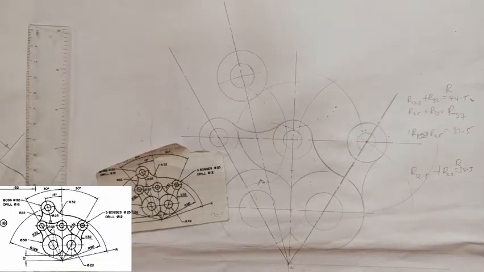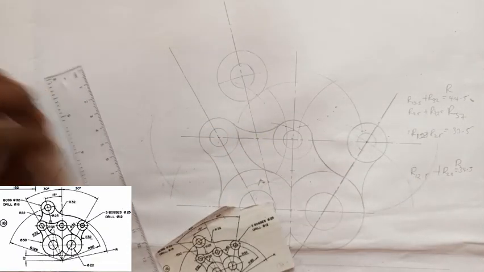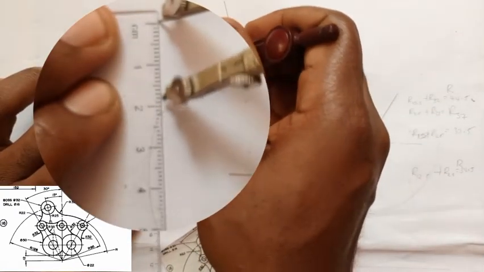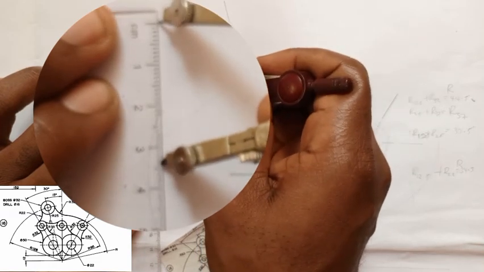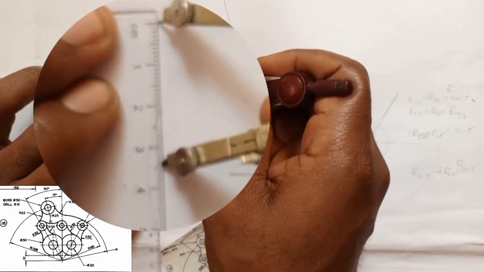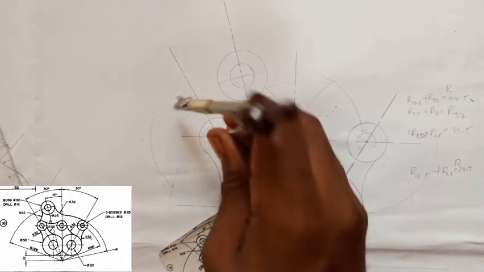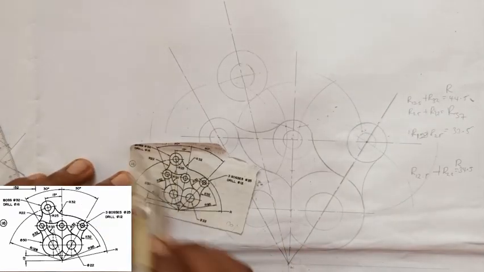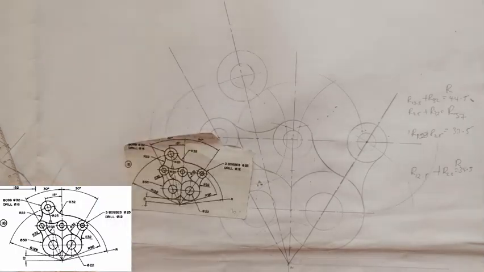So I'm going to use my compass. I'm going to measure 34.5 on my meter rule, 30, 34.5 here, somewhere around here. Then I'll place it on this point here and strike an arc this way. You can see that. Now the other one here we have 32, the diameter of 32. So the radius is 16.